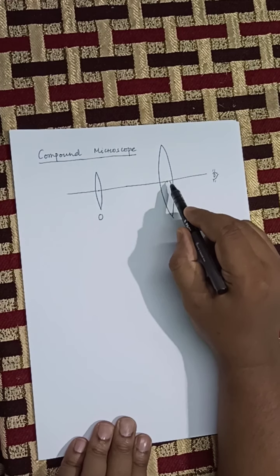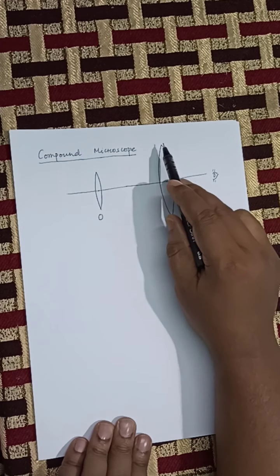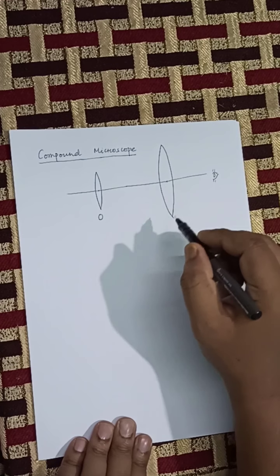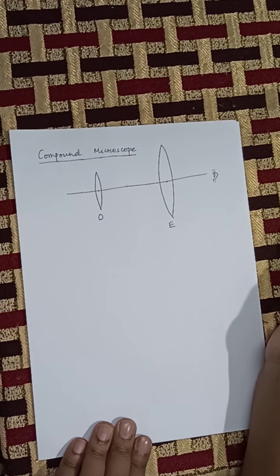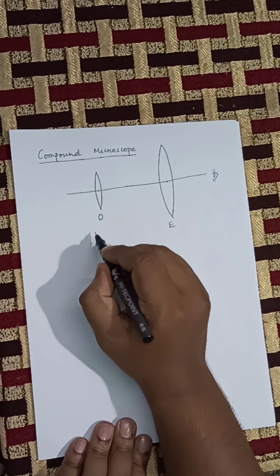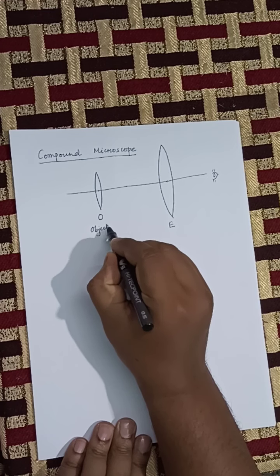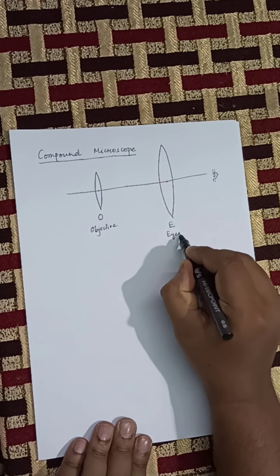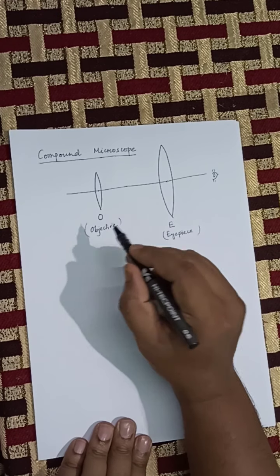So the lens which is placed near the eye with larger aperture and larger focal length is known as the eyepiece lens. Okay, O is the objective lens, and E is for eyepiece lens. Fine.